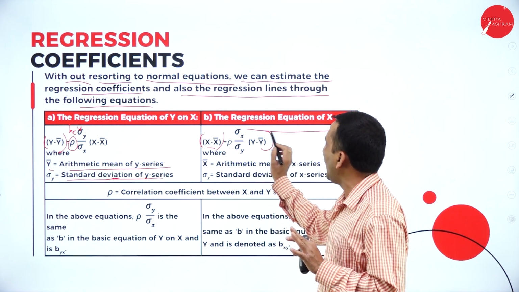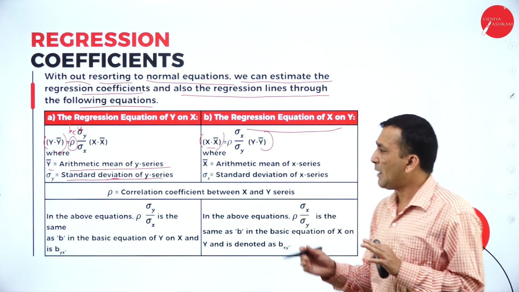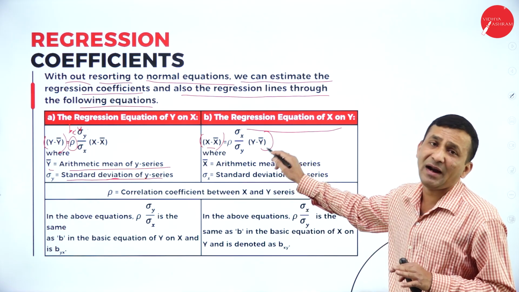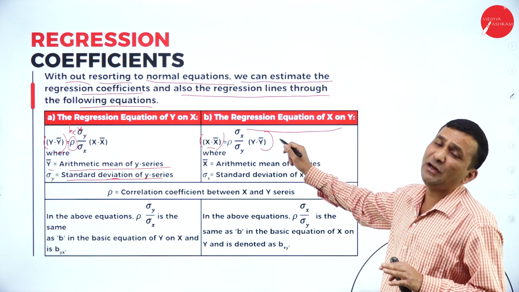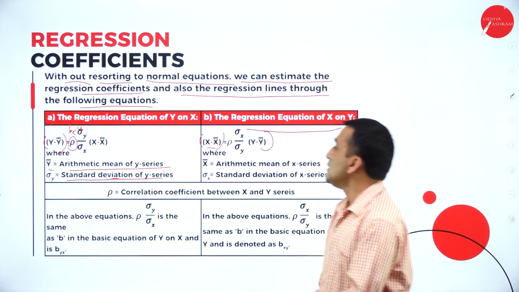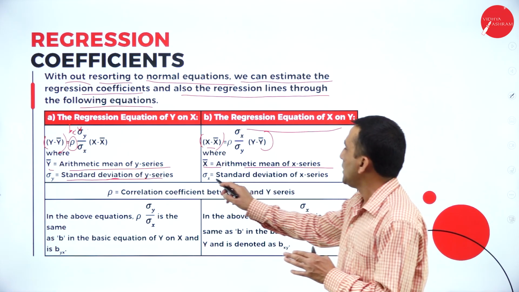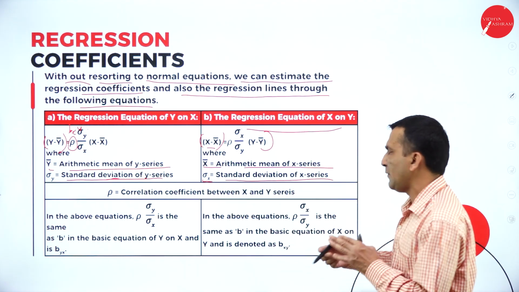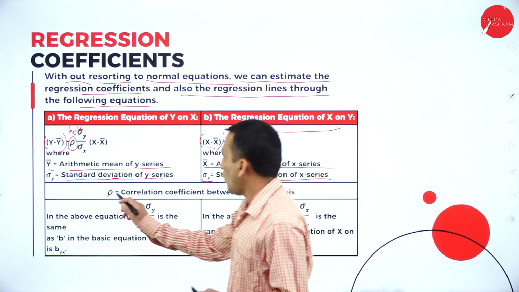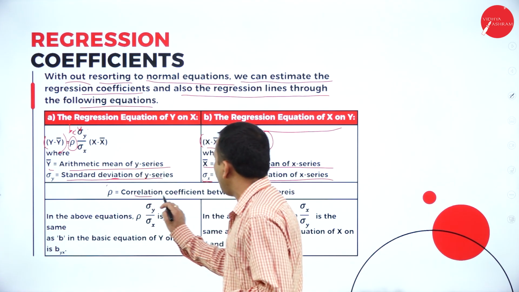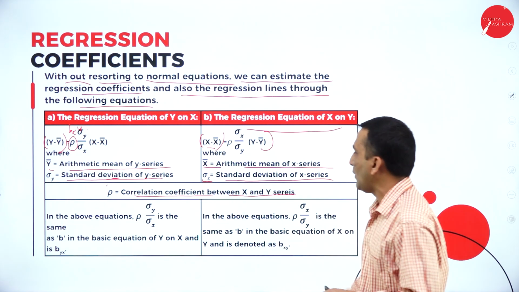How are we getting y bar? From the summation of the y series divided by n, we calculate the mean value from the y series. Here x bar is nothing but the arithmetic mean from the x series, and the standard deviation of x is from the x series. So here r is nothing but the coefficient of correlation between x and y.